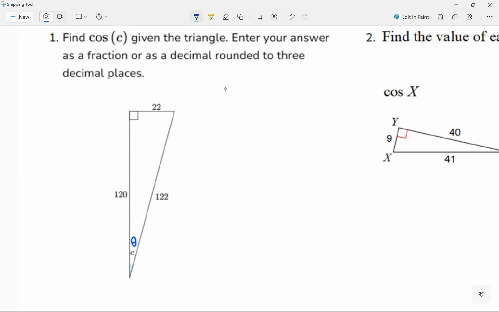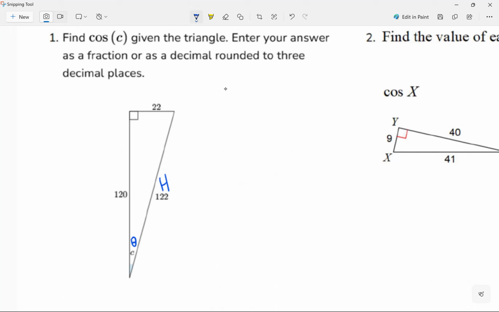I know from these sides, the biggest side is my hypotenuse. I'm actually going to use just the letter H for hypotenuse. This measurement, 122, is the hypotenuse, the side opposite from the 90 degrees, and the biggest side of the three.